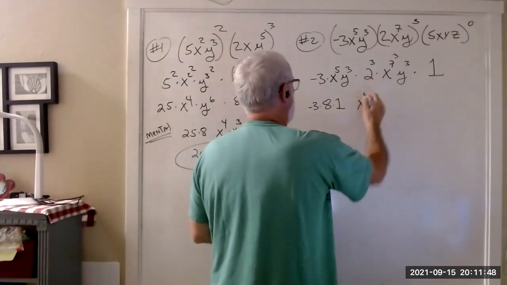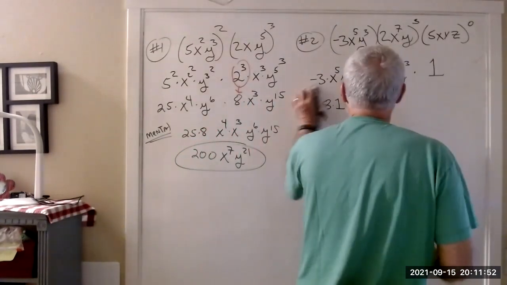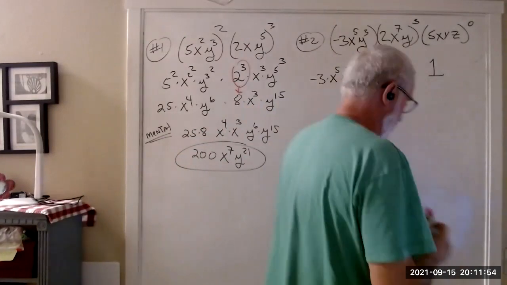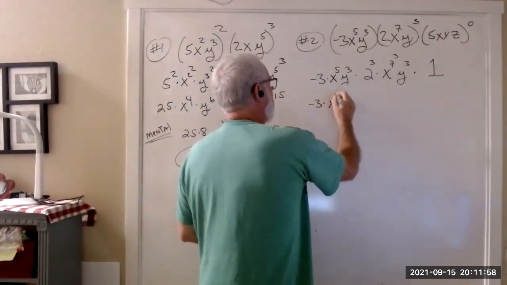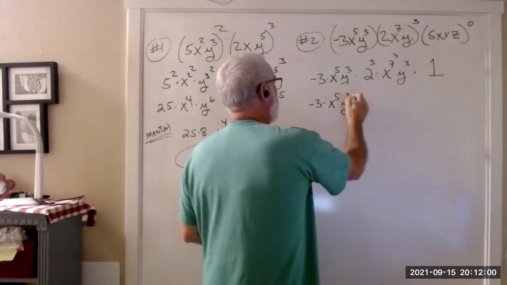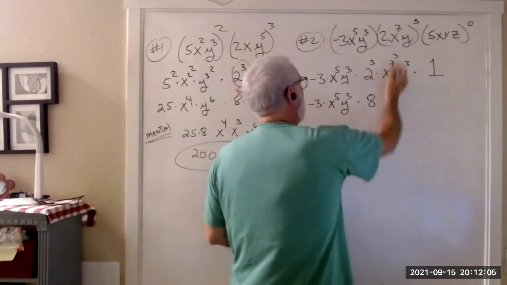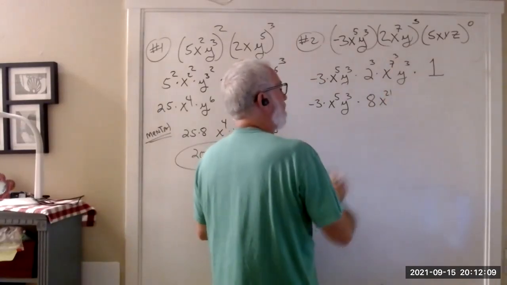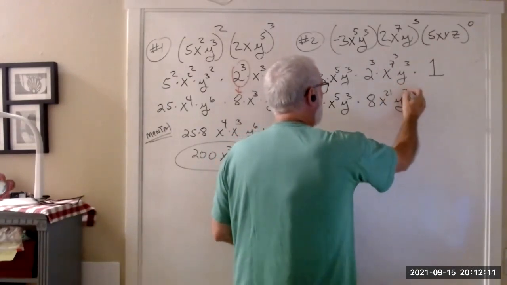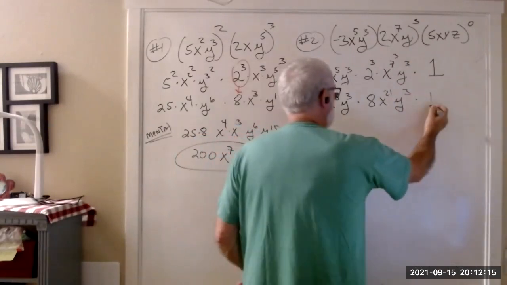Whoops, I'm sorry. Slow down, Foster. I'm skipping too many steps. This is -3, x to the 5th, y to the 3rd. 2 to the 3rd is 8 again. Power to a power is x to the 21. Y to the 3rd times 1. I'm sorry, I was going too fast.